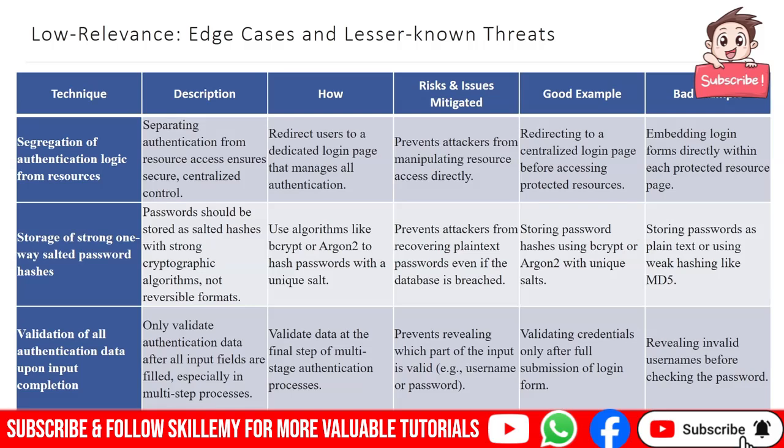Next is the storage of passwords as strong one-way salted hashes. This practice involves using secure cryptographic algorithms like Bcrypt or Argon2 to hash passwords with a unique salt. The salt adds randomness, making it significantly harder for attackers to crack passwords through methods like rainbow table attacks.